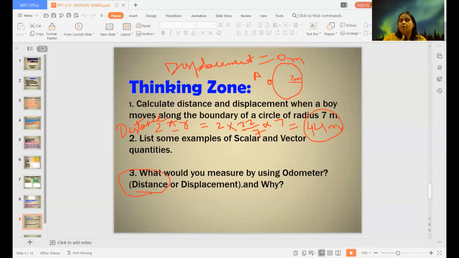If you're going from your home to school, say it is 7 kilometers away, and then you're coming back from school to home, the odometer reading is 7 plus 7 again when you're coming back. So it becomes 14 kilometer reading. It will not be 0. The odometer tells you distance, not displacement, because of that reason.